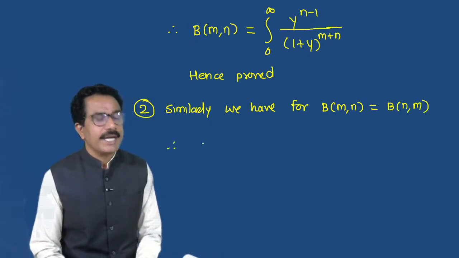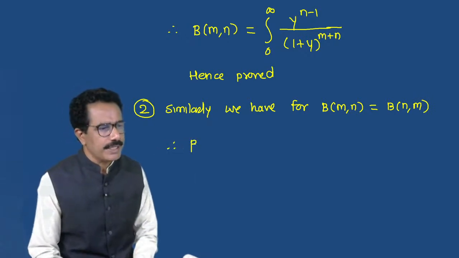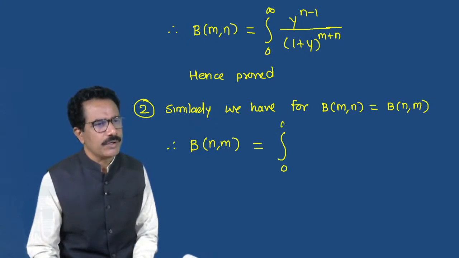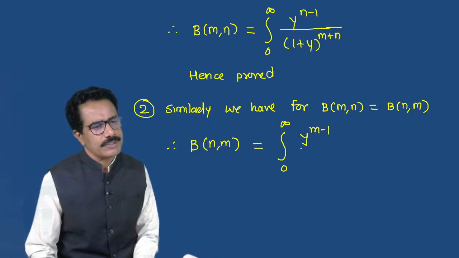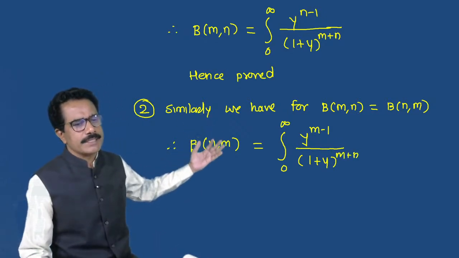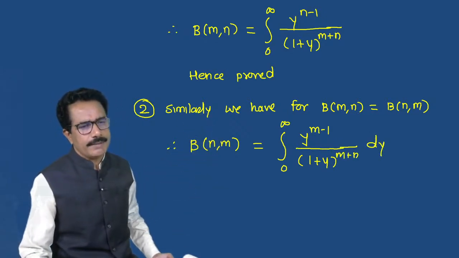So we can write the second transformation, beta of n comma m, which is equal to integral from 0 to infinity y raised to m minus 1 divided by 1 plus y raised to m plus n dy.